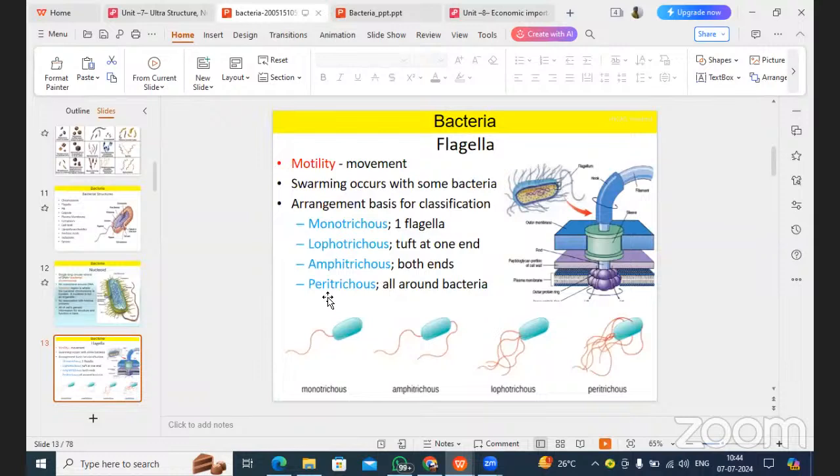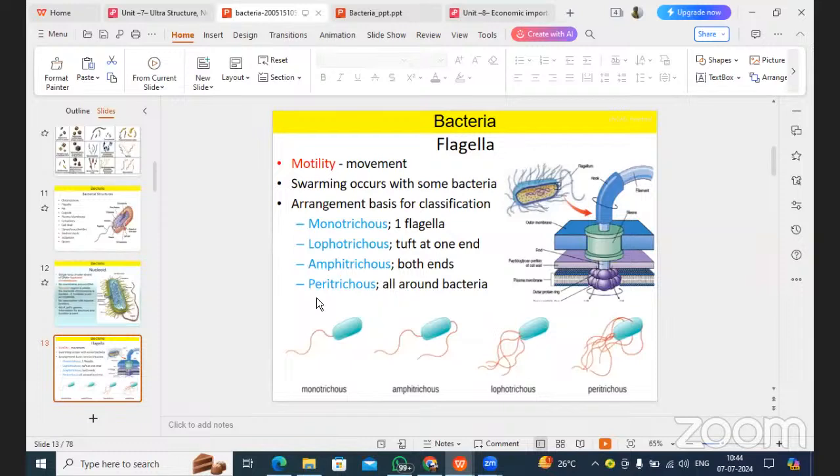Flagella also we have discussed: monotrichous, amphitrichous, lophotrichous, peritrichous, and atrichous. Atrichous means there is no flagella. With the flagella, it can move.